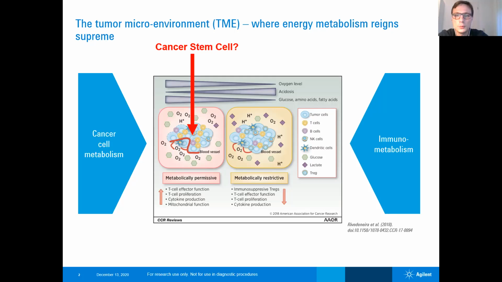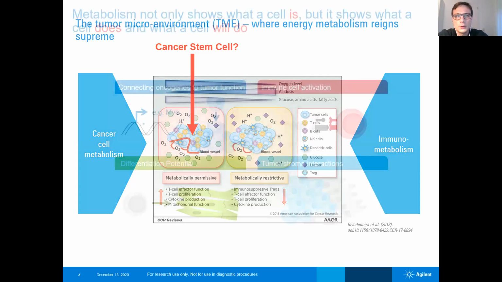Also in immune metabolism, we have different cells, different subsets with different functions, which are influenced by the microenvironment, of course. And it seems to be the same with cancer cells, which are not that deregulated as you would have thought at first, with just the strong Warburg effect and all these things.